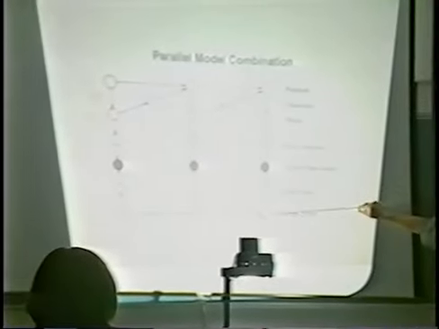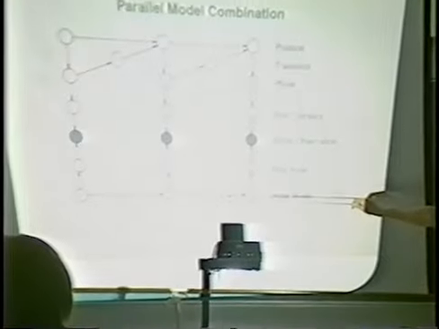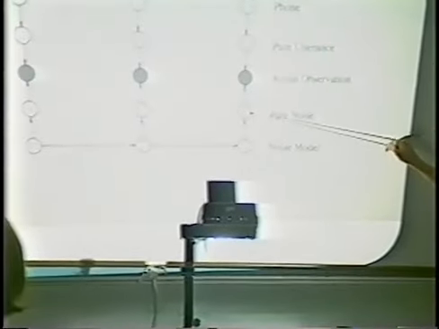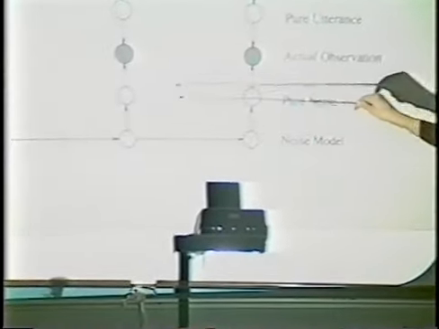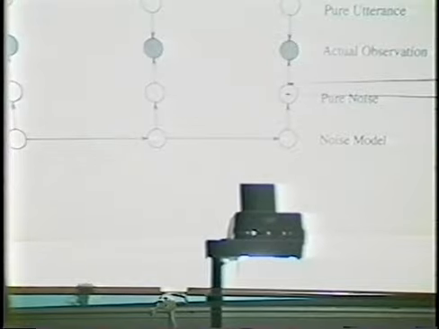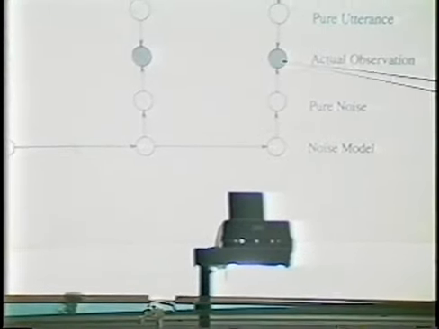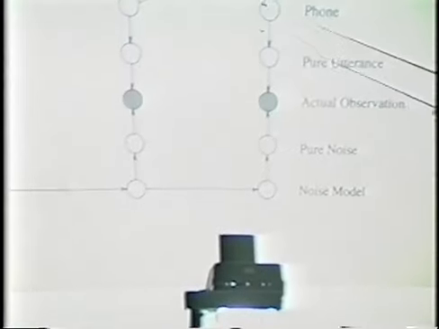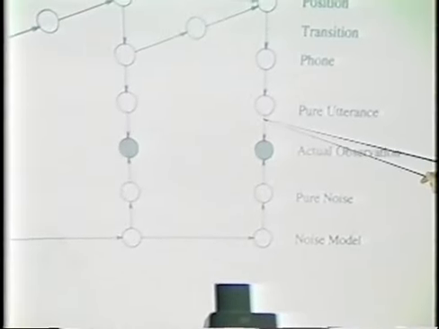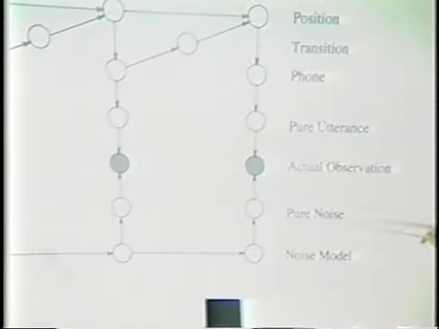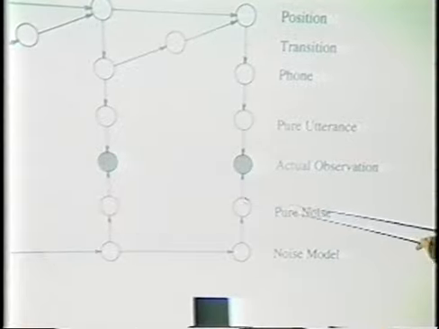At the bottom, you've got a noise HMM that's also running and producing a stream of noise, uncorrupted noise. What you actually observe is an acoustic observation that depends both on the clean speech that the person produced and on the noise that was present.